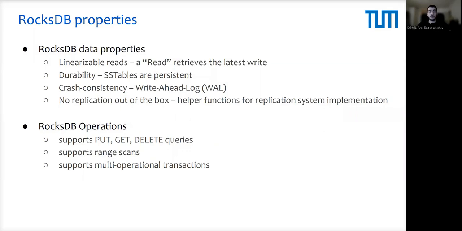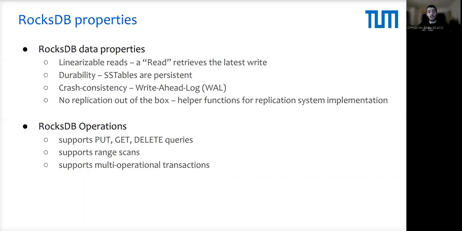To summarize, RocksDB is a key value store that ensures linearizable reads, meaning that the read will always get the latest written value that corresponds to the respective key. It offers data durability, which is achieved through its persistent SS tables, and crash consistency through its write-ahead log.